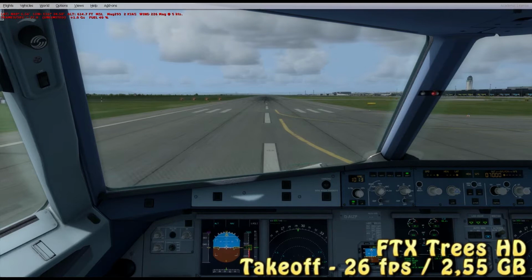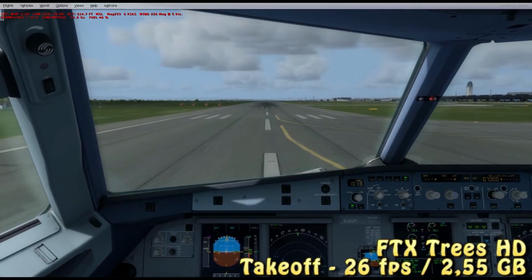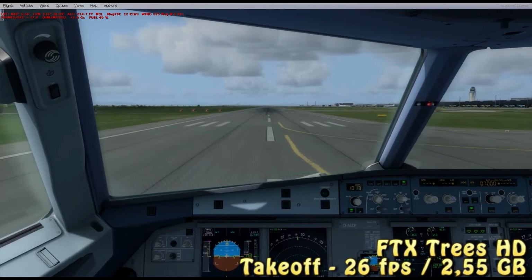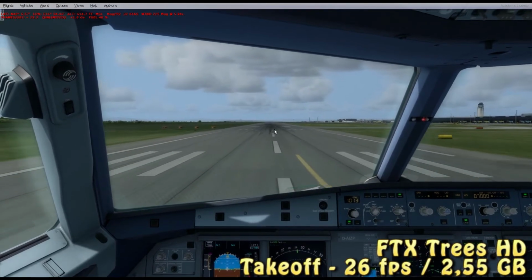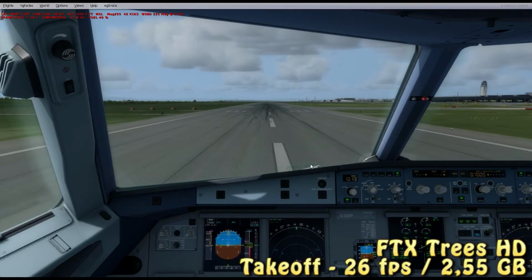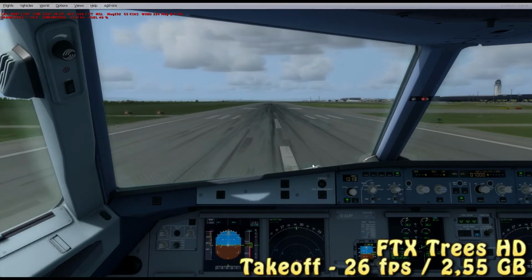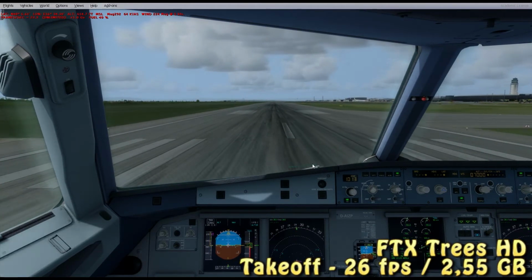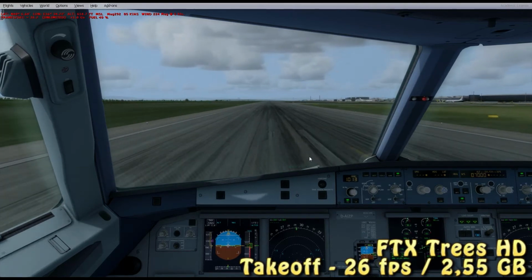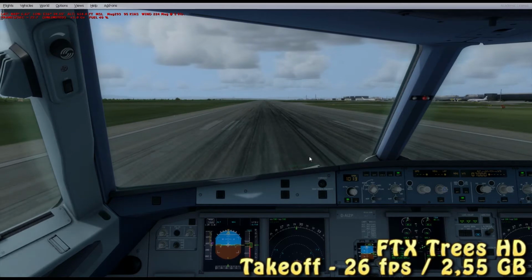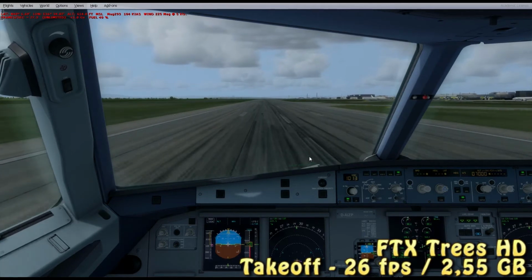In fact, if I'm not mistaken, it's 100 megabytes increased VAS usage. That doesn't sound like much, but in certain situations it can be a problem. So let's take a look at how FTX Trees HD performs at the other 2 points.